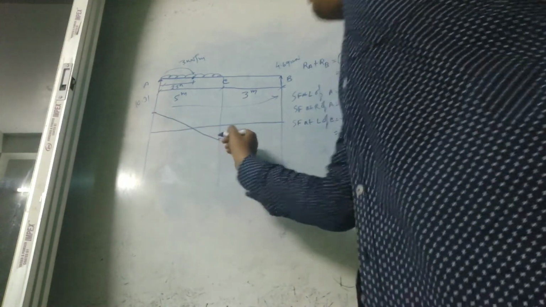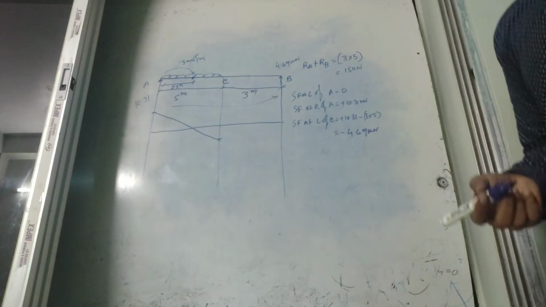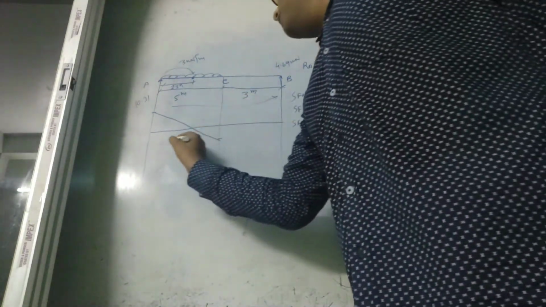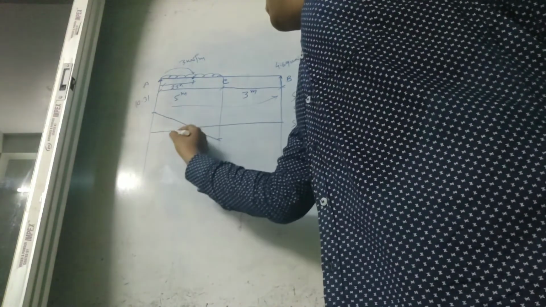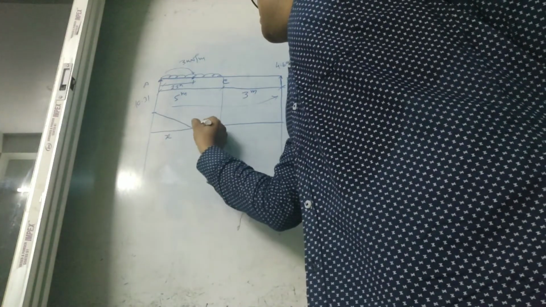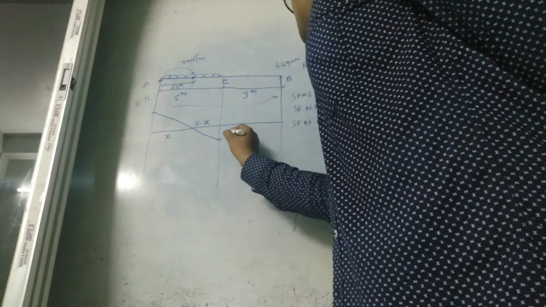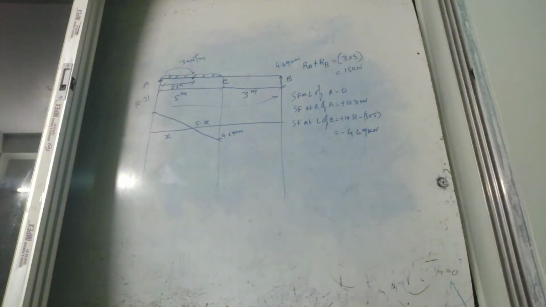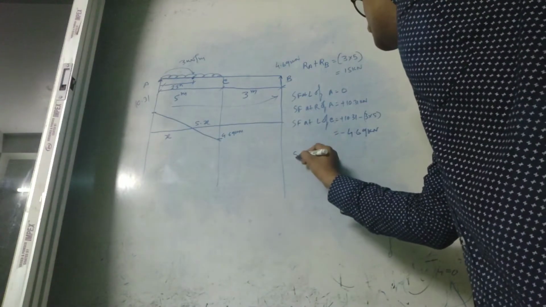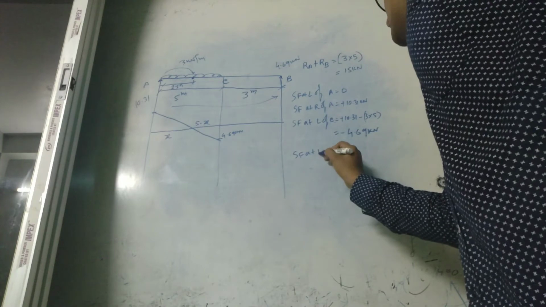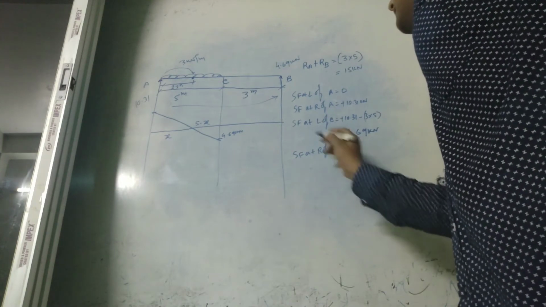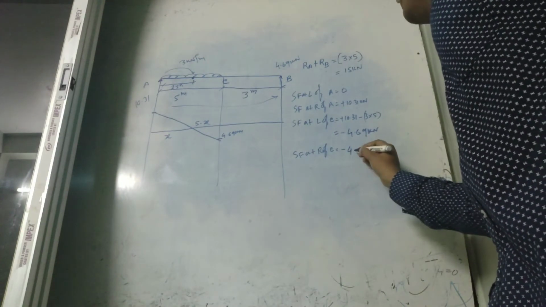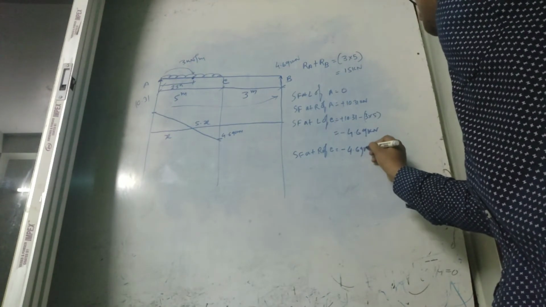So I told you that if the total portion is covered with UDL, that time this point is the middle. But now we need to calculate. How will we calculate? This is total 5, then it will be x and 5 minus x. Now it is 4.69 and it is 10.31 kilonewton. Okay, now the last shear force at right of C. There is no point load. If there is a point load, then it will go down there, but no point load is given there, so 4.69.